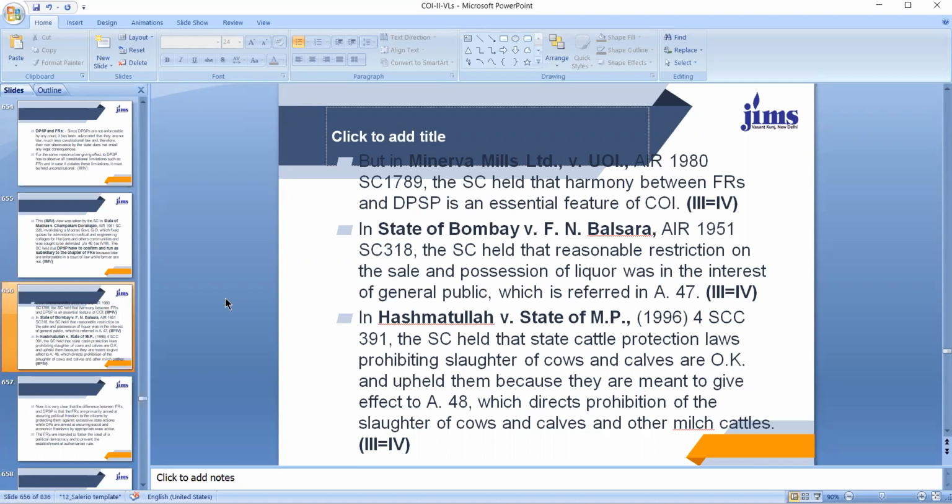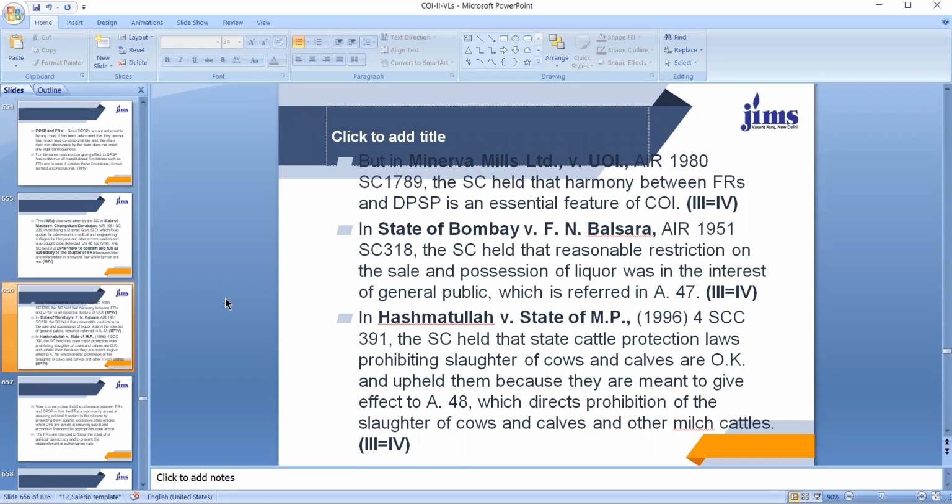Then another case is Hashmatullah versus State of MP. In this case, Supreme Court held that state cattle protection laws prohibiting slaughter of cow and calves are okay, and upheld them because they are meant to give effect to Article 48, which directs prohibition of slaughter of cows and calves and other milk cattle.